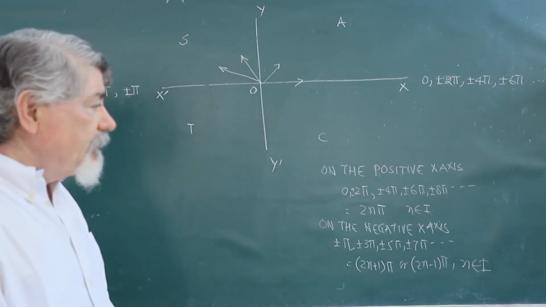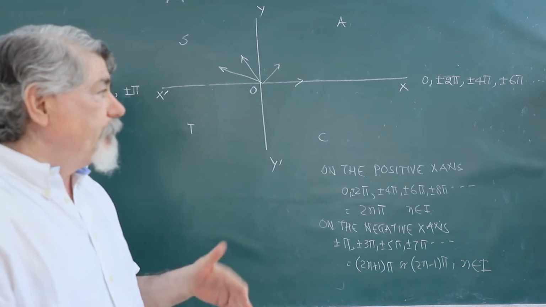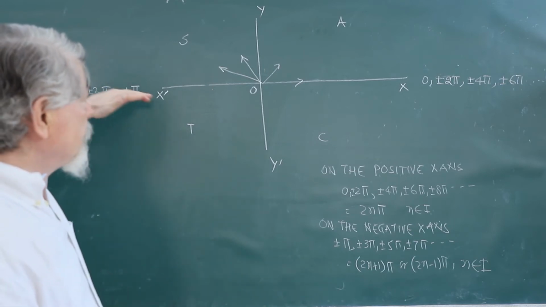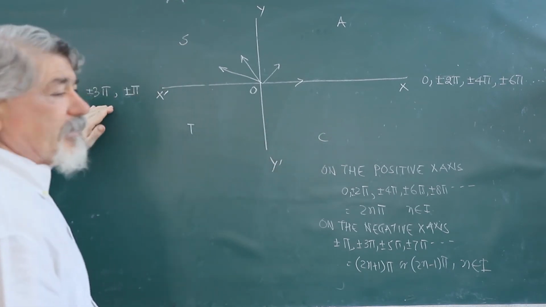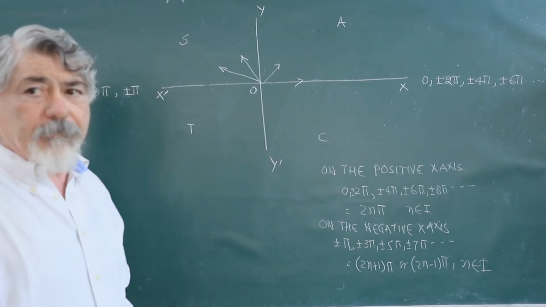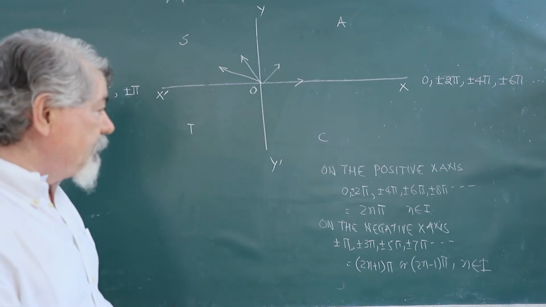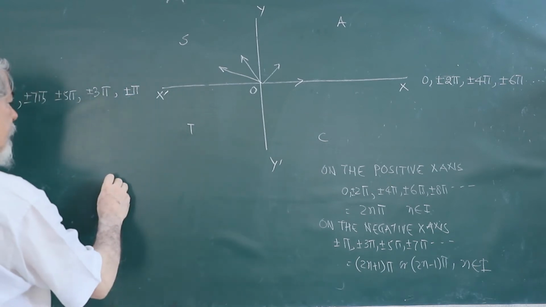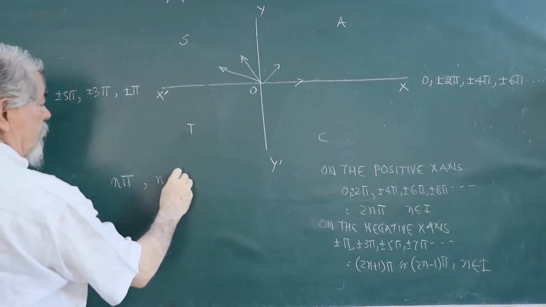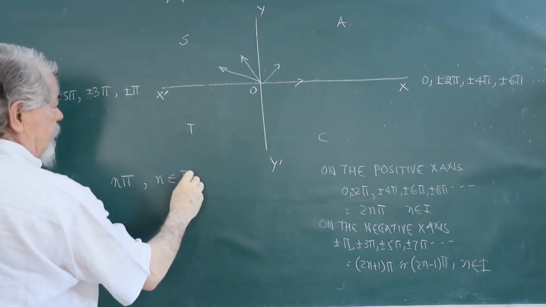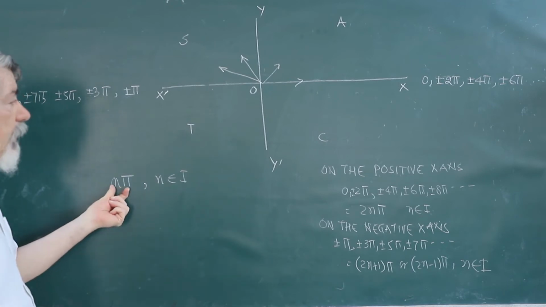And when we combine these together, as we discussed, we get n pi, where n belongs to the set of integers. Suppose n is 1, you get pi.